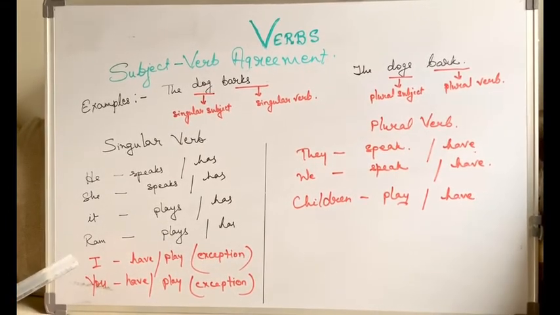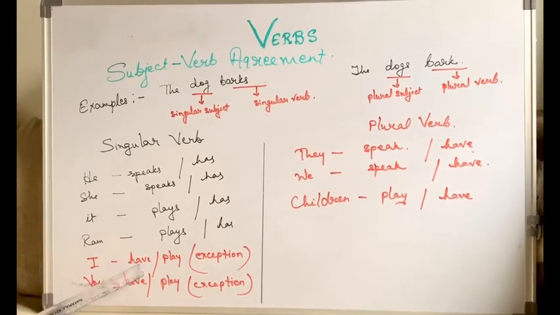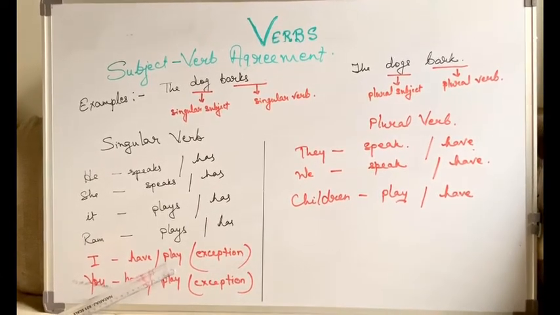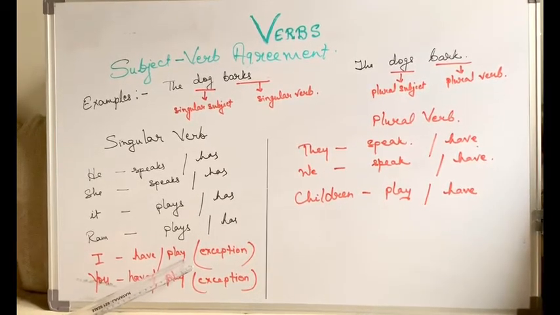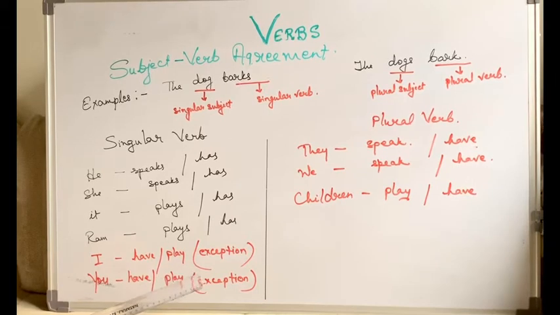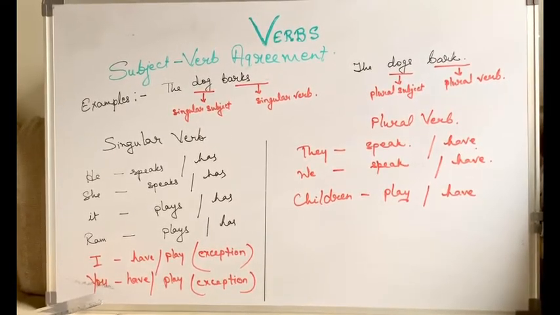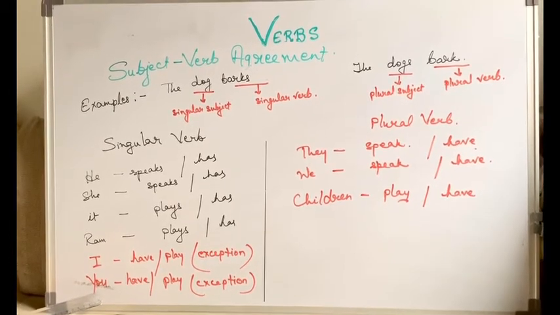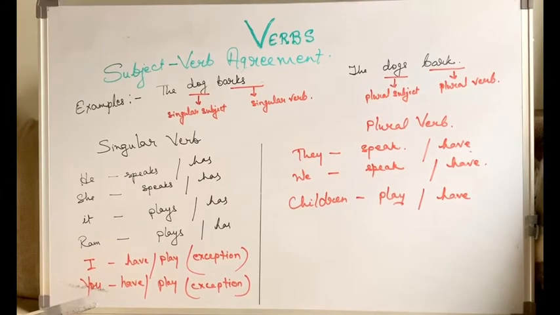See the exception: I, which is singular, but it uses have, or play, or any other form of the verb where we do not add s or es or ies. Similarly, you can be used as a singular subject or as a plural. You have to see the sentence and understand accordingly.